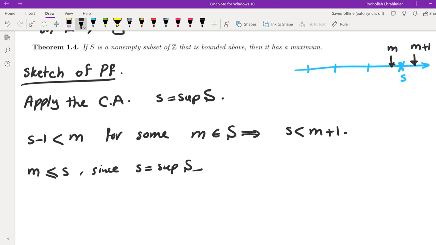But there is no integer between M and M plus 1, which means there are no elements in the set that is in this range, which means S must be M. And that's exactly what we want. Because as long as the supremum is in the set, it would be the maximum element of the set.